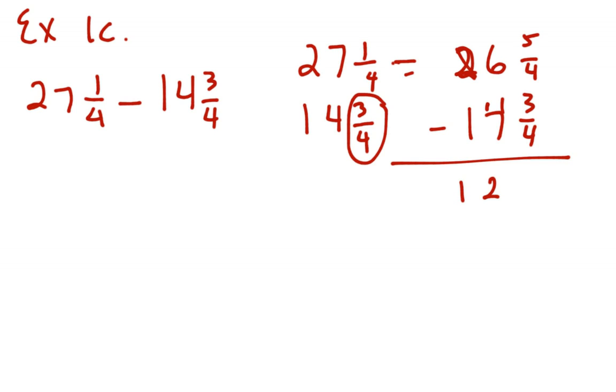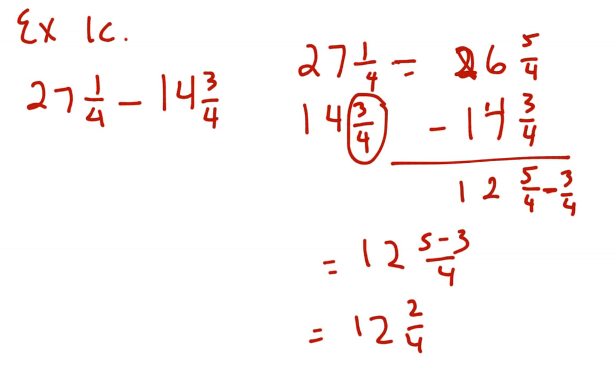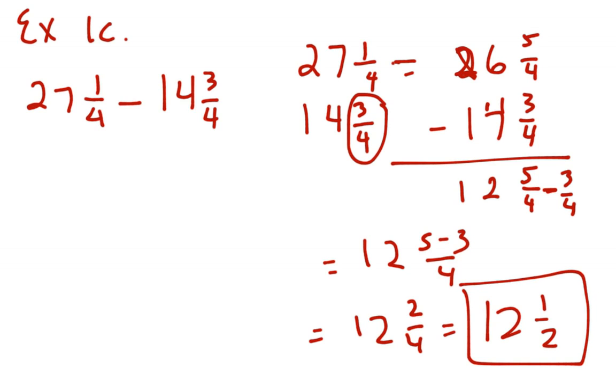And then if I subtract 5/4 minus 3/4, that's going to give me 12, and 5 minus 3 over 4, 12 and 2/4, which simplifies to 12 and 1/2. So you can do the same process whether you have a mixed number, an improper fraction, or a regular fraction, as long as the denominator is the same.